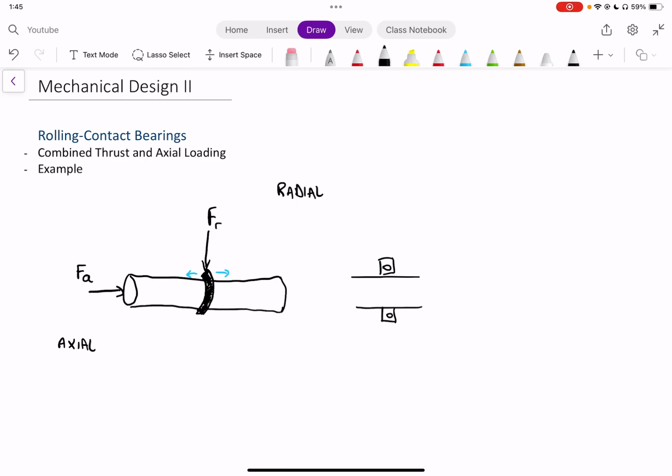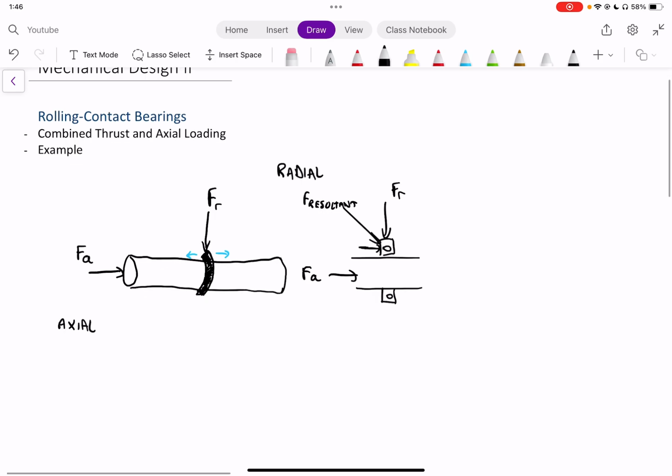If I simplify my drawing, I have a force radial that's occurring at the top, and then I have a force axial that would be occurring here and affecting our bearing in this way. The resultant force, we'll call this F resultant, ends up being a force at a certain angle.